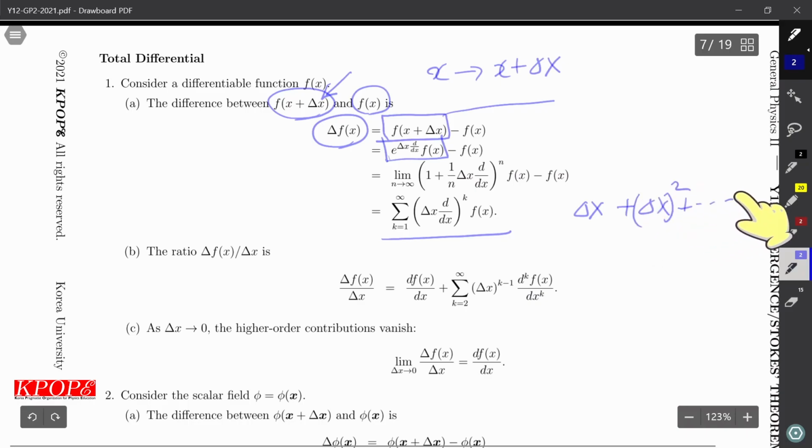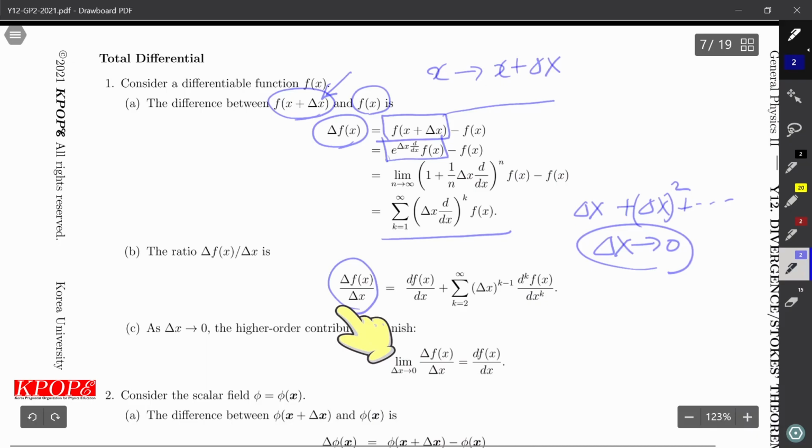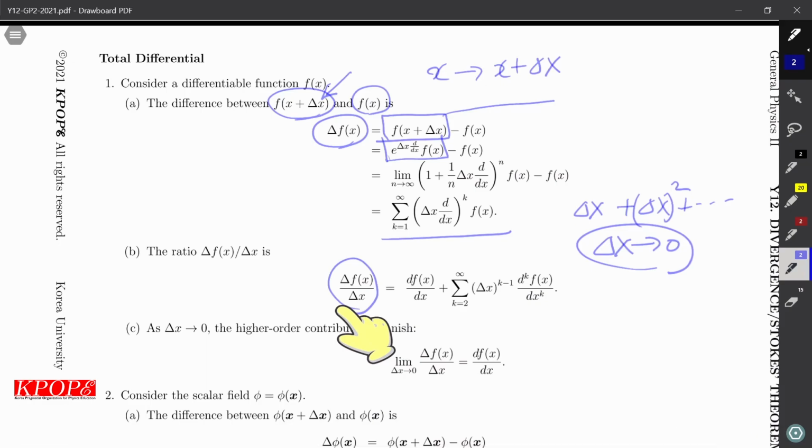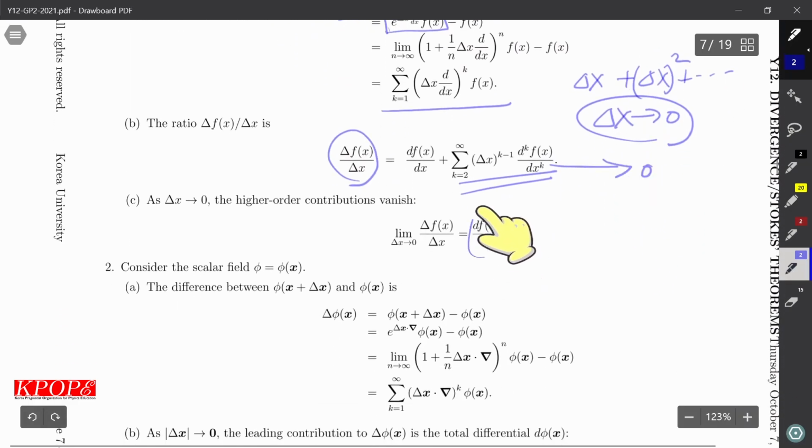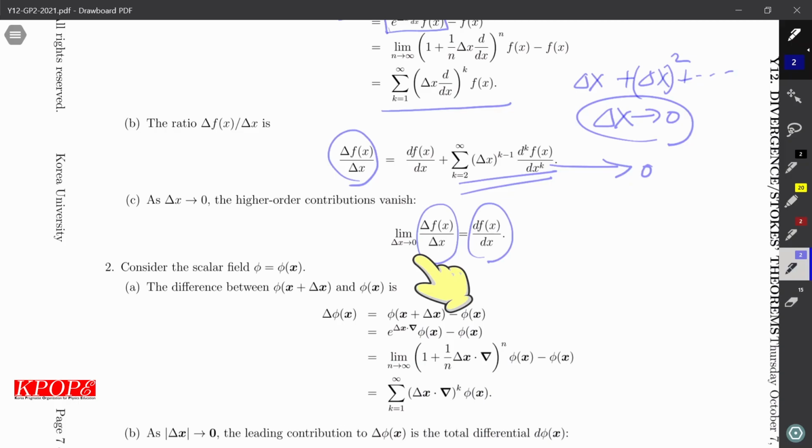As delta x goes to 0, we take the ratio of delta f of x with respect to delta x, and take the limit, the remaining pieces vanish. So the derivative is expressed as the limit of delta f over delta x as delta x goes to 0.